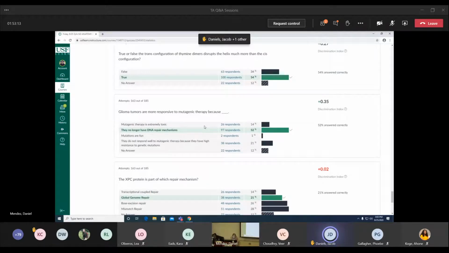Is that what the goal is? Yeah, so we're going to induce mutations, and since those cancer cells don't have those DNA repair mechanisms, it can't function anymore with those mutations, so then it just dies. Okay, so the specific mutations are meant to inhibit normal cell function altogether, and then the cell just dies. Yeah. Got it. Okay, thank you.